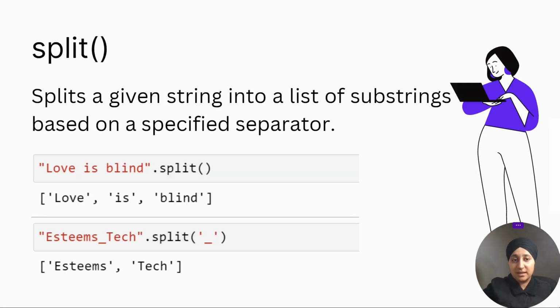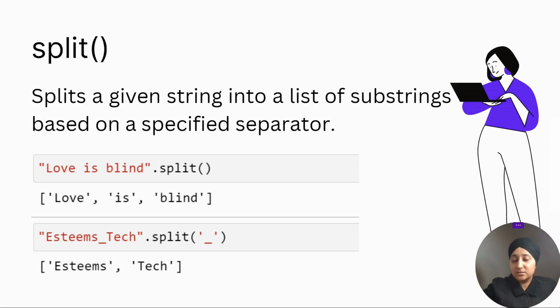Now the split function. It splits a given string into a list of substrings based on a specified separator. The split function will split, it will not join like the join function. It will convert a string to a list. You can see in the first case, right?